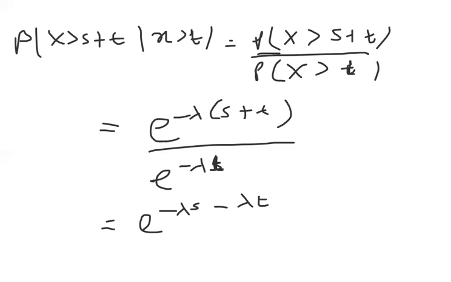So this expression cancels this expression. You have e raised to the power negative lambda s, and this expression is the same as the probability that X is greater than s.